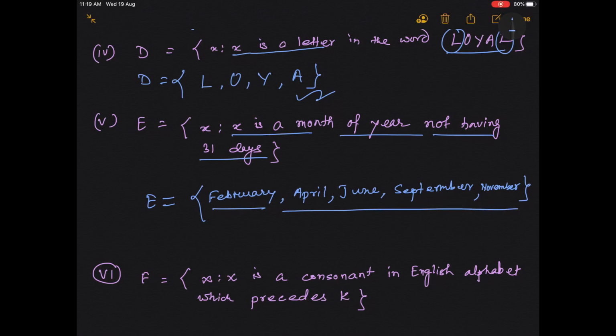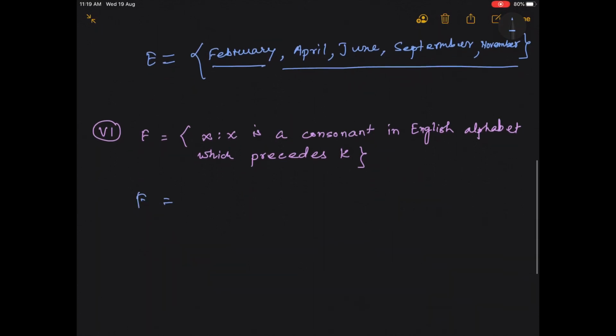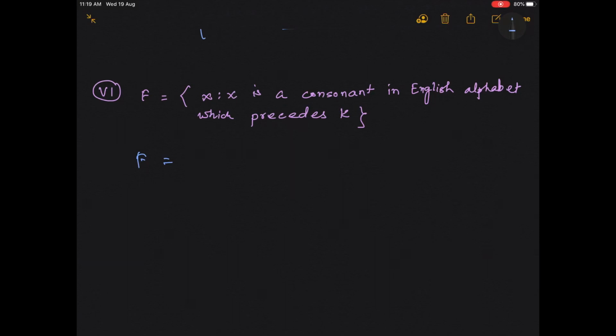So the next set is F, the last one. x is a consonant in the English alphabet that precedes K. That means before K, what are the consonants in the English alphabet?